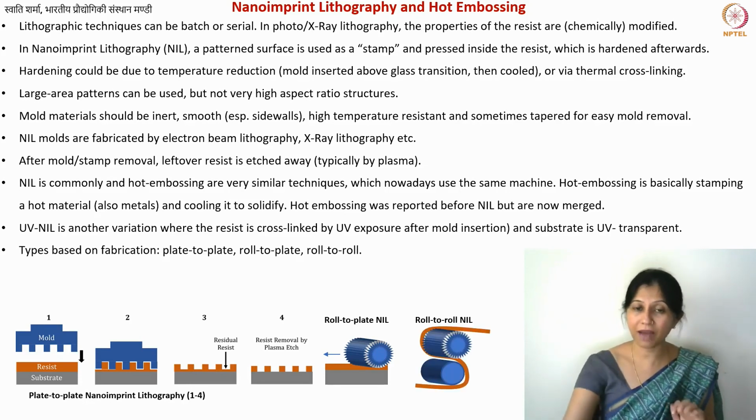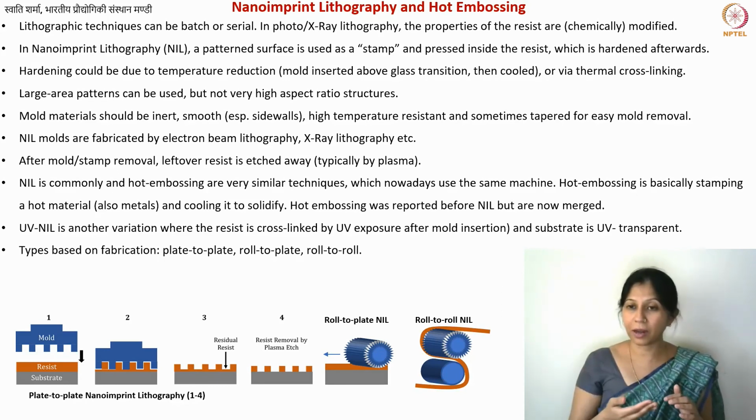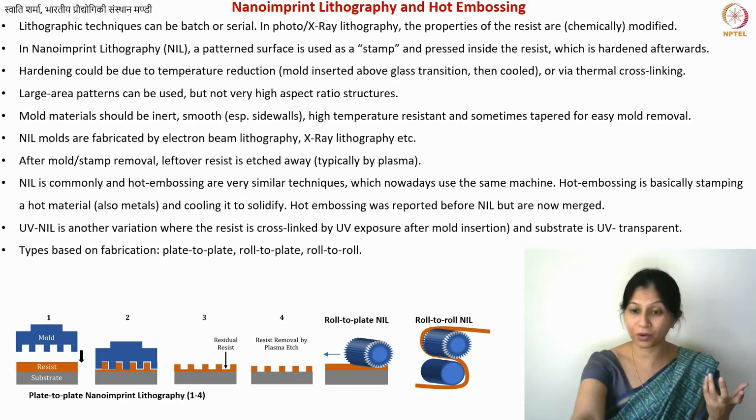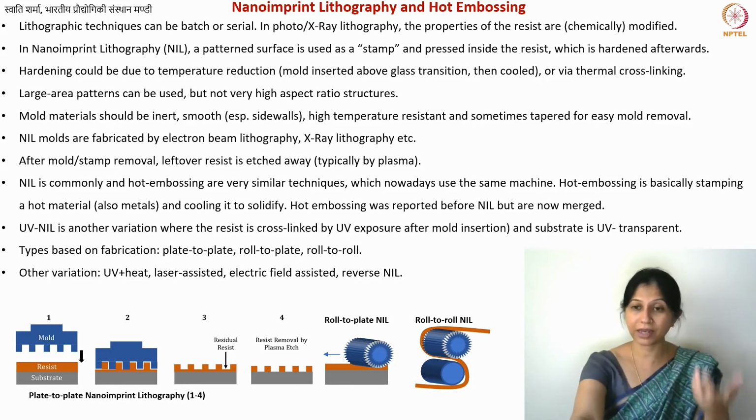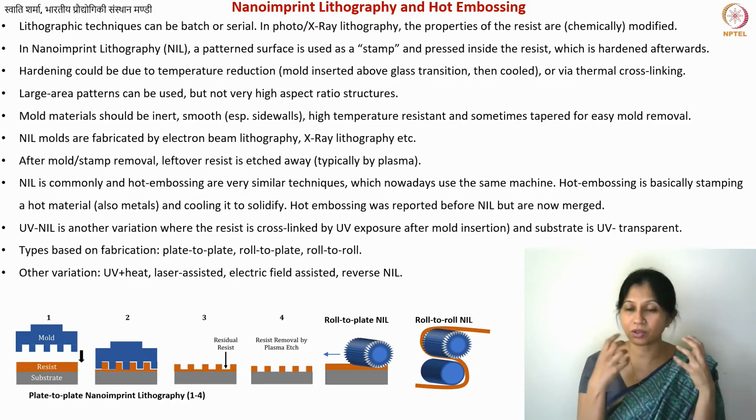Also, you can have roll to roll, a newspaper printing kind of continuous manufacturing technique. So you can also have roll to roll nano imprint lithography. These are the variations, and because it's a large scale patterning technique, you can use all of them. There are also some other advanced variations where you use lasers, and electric field assisted patterning and so on. You can read about all of these things.